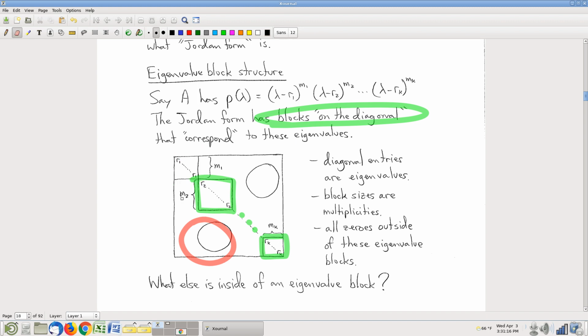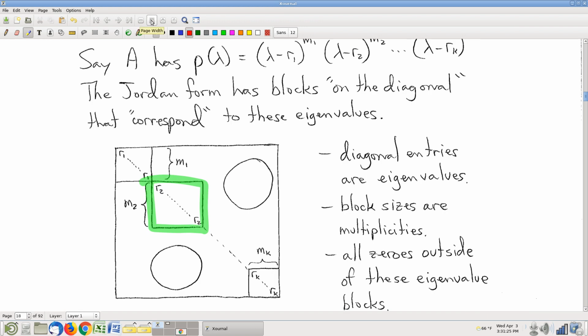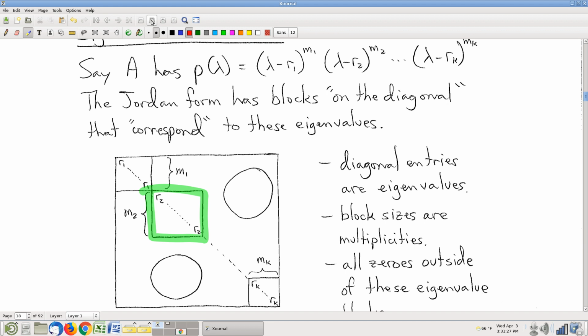Okay. Now, it turns out that there's some things that I can tell you about an eigenvalue block. Eigenvalue blocks relate closely to eigenvalues as follows. You look at the corresponding factor. The eigenvalue that you see from that factor is the diagonal entry in the corresponding eigenvalue block.